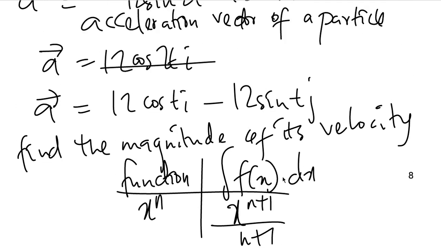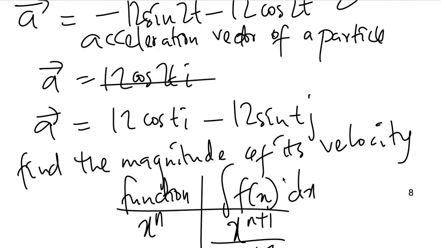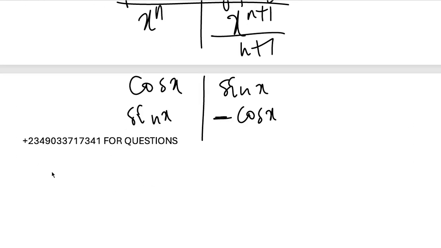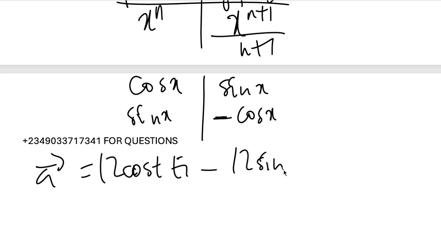So based on what we have, this is in terms of t. Over here, let me write it out. A is given to us as 12 cos t i, negative 12 sine t j.